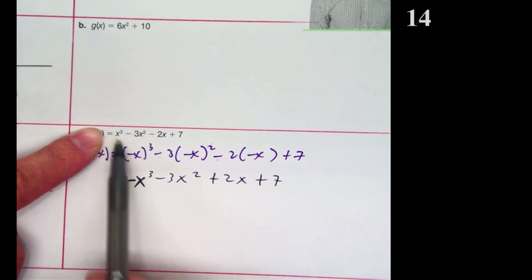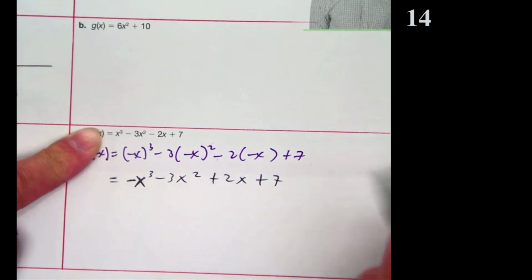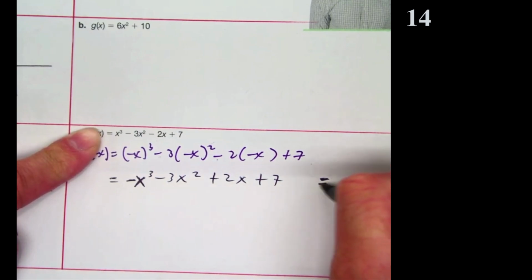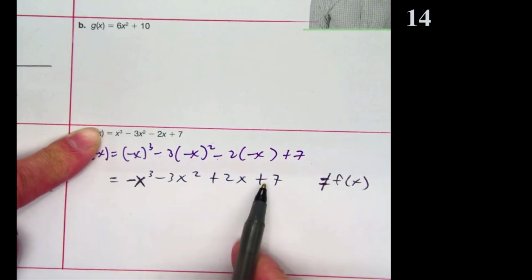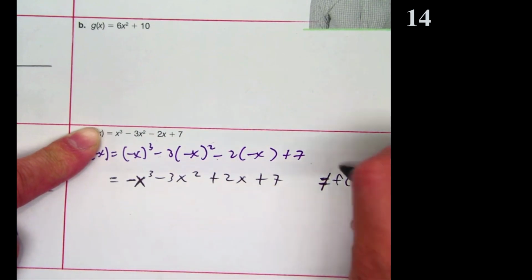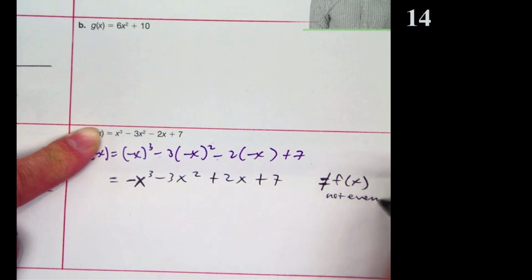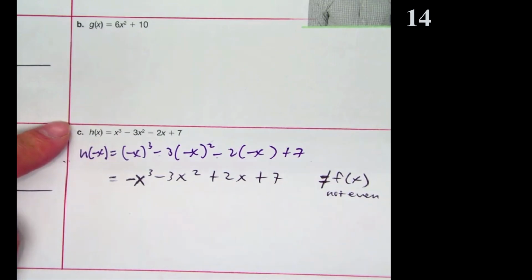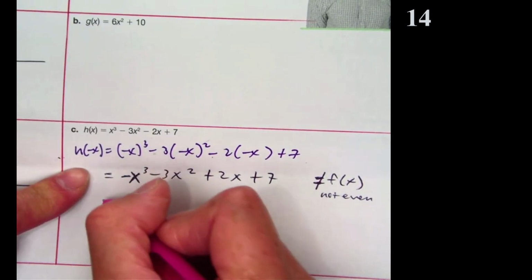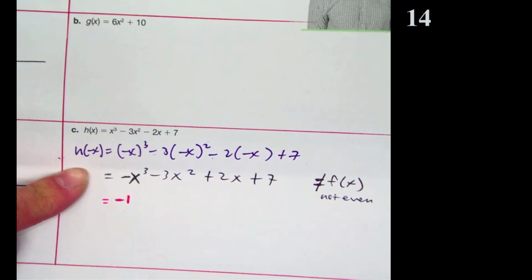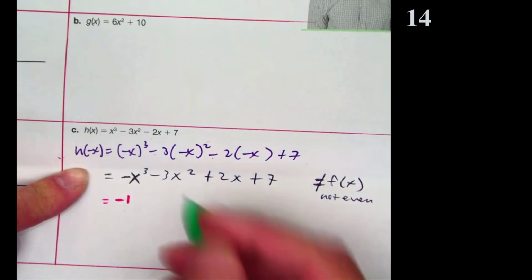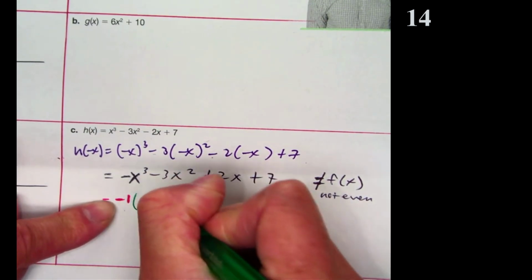I'm going to look up here, and this is not the original problem. Because this is not the original problem, it's not even. Okay, let's double check by pulling out a negative. So that'll become x to the third.